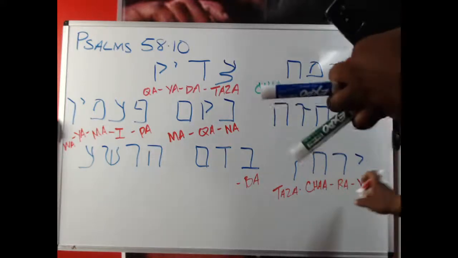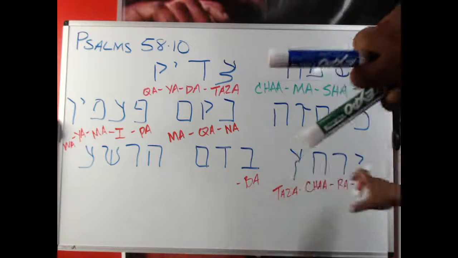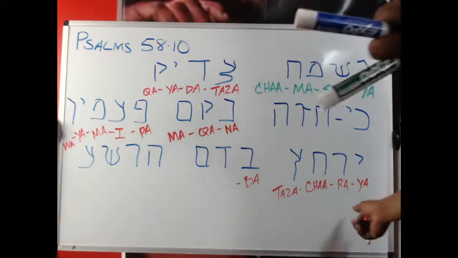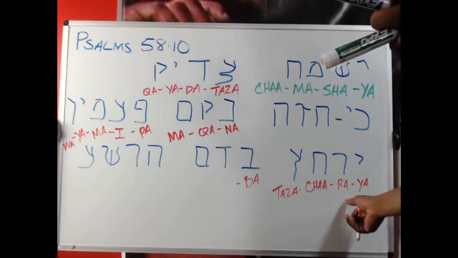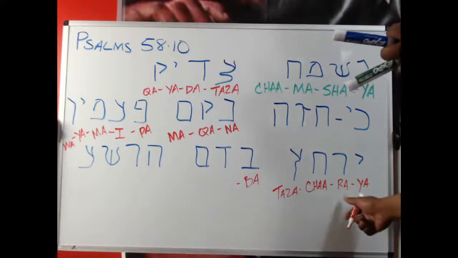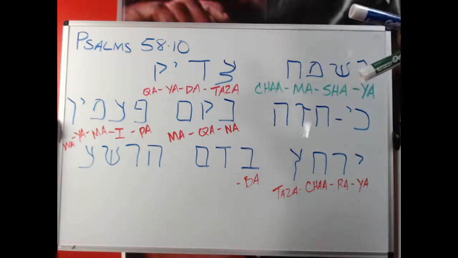Okay. So now you know what? Let's go back to Yarakataza. Now we were having problems with the Ra because it kind of reminded us of the what? Of what syllable? What syllable did Ra remind us of?